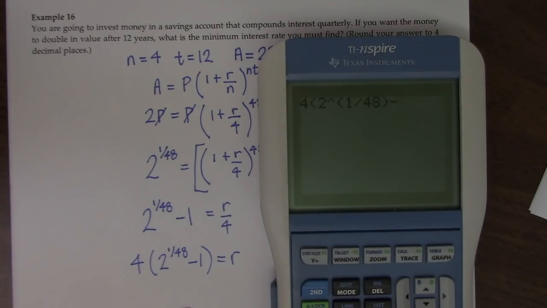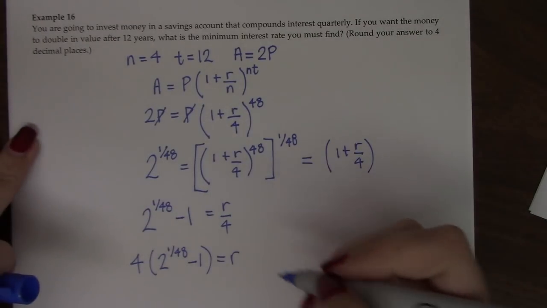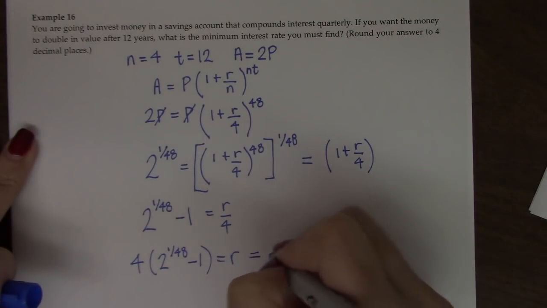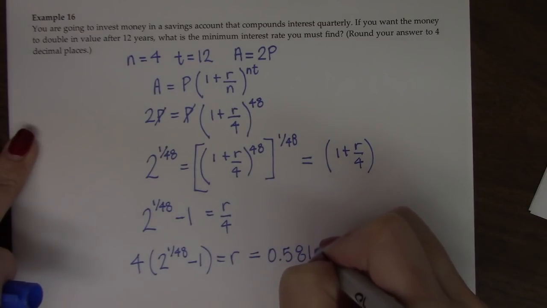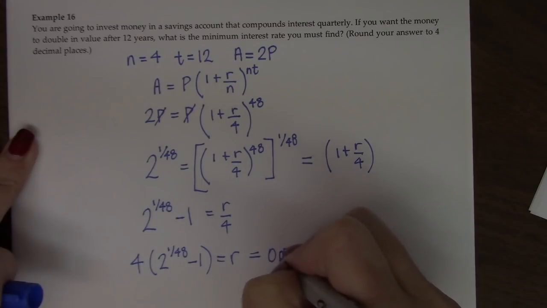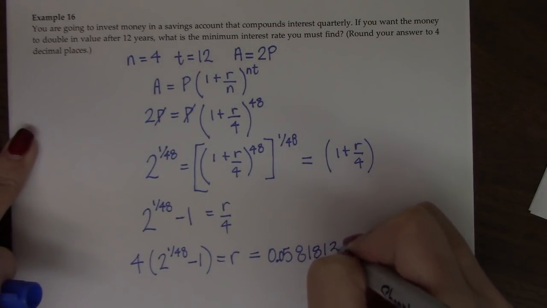Then I'm going to subtract 1, and then close the parentheses that I have here on my expression. So now when I hit enter, I get 0.0581. It does not specify in this problem, so I'm going to write out a bunch of decimal places: 0.0581813.